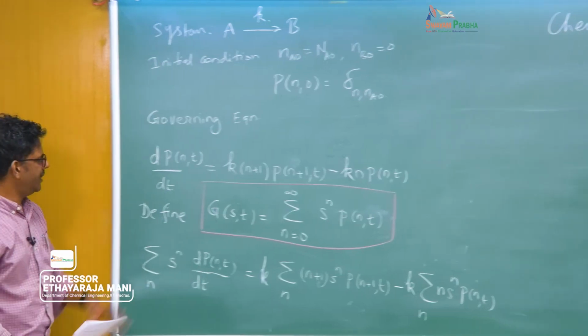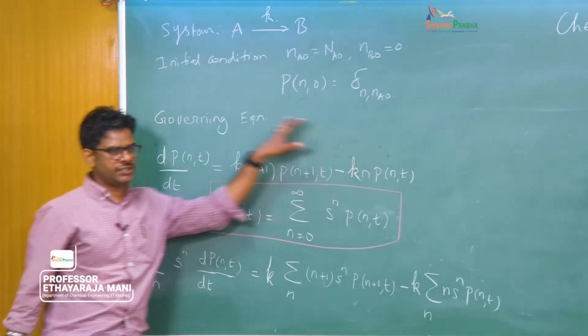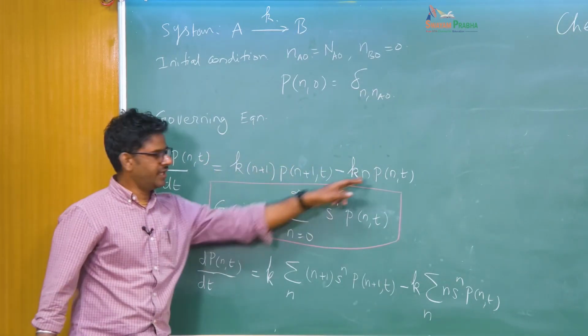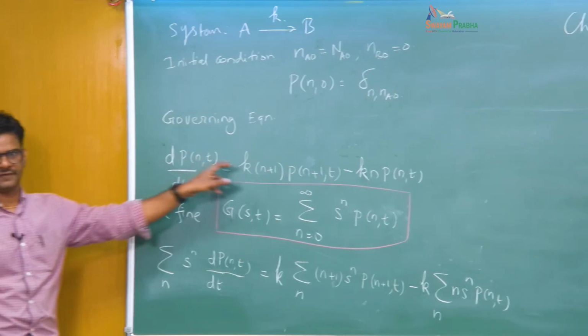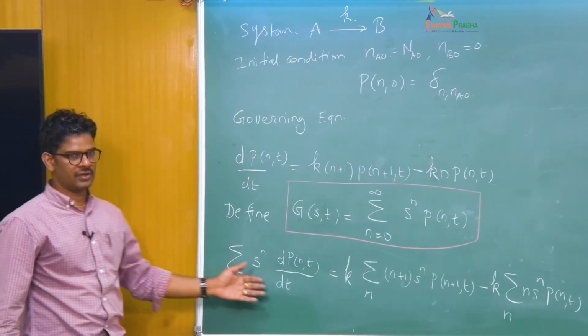All I have done is take this master equation, multiply by s to the power n in all the terms, left-hand side and right-hand side, and then sum over all n values.